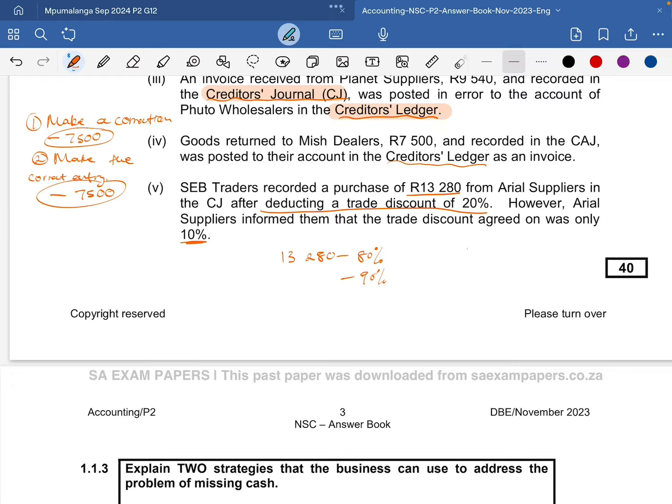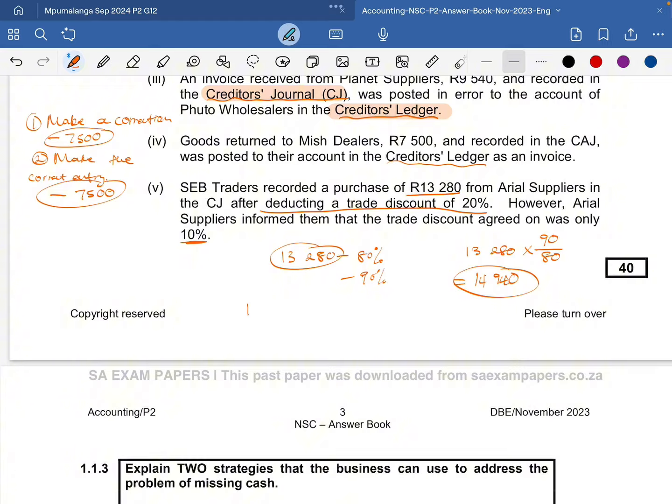So now we know that the 13,280 multiplied by the 90, what we want, over what we know. So let's quickly see if this will work. So that then is 14,940. So this is what we owe them, but we have recorded the purchase at 13,280.